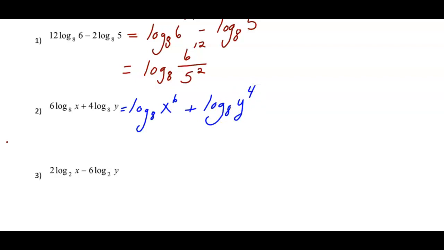Since we're adding those logarithms, we're actually multiplying the things that we're taking the log of. So write it as a single logarithm, log base 8 of x to the 6th times y to the 4th. Your addition turns into multiplication. Your subtraction turns into division.